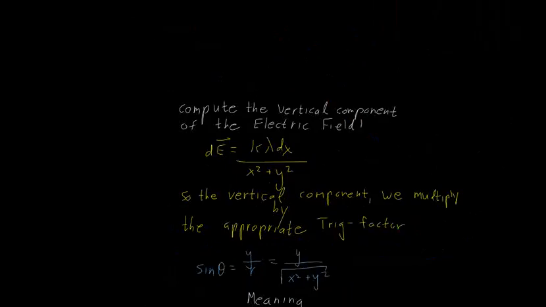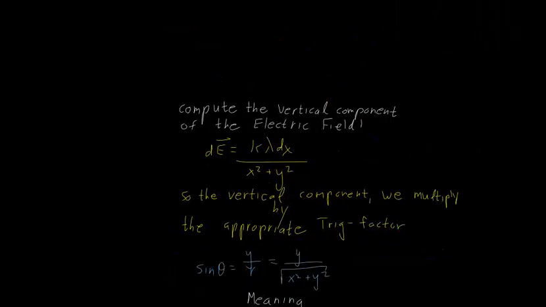So the vertical component will just be multiplying by a factor of y over r, okay? Because that will give us a sine. So sine theta is equal to y over r, opposite over hypotenuse, which is equal to y all over the square root of x squared plus y squared.